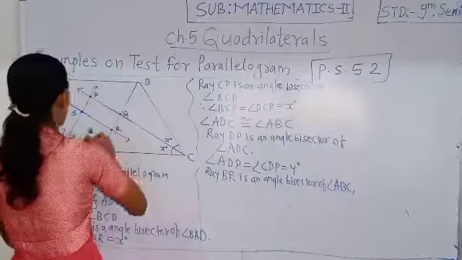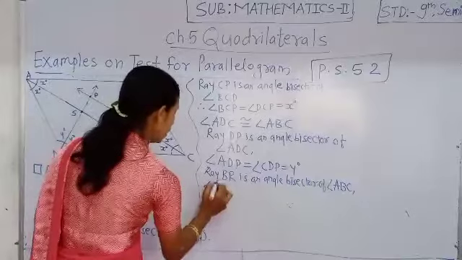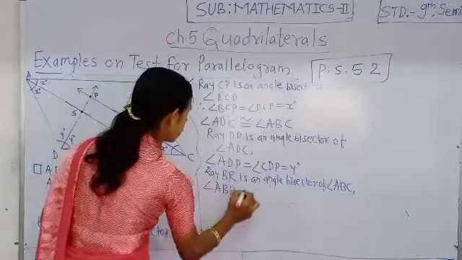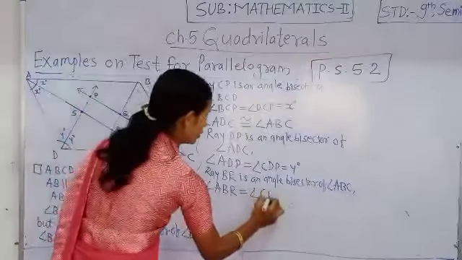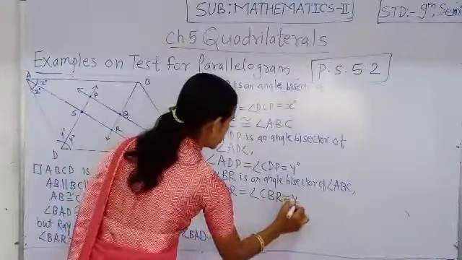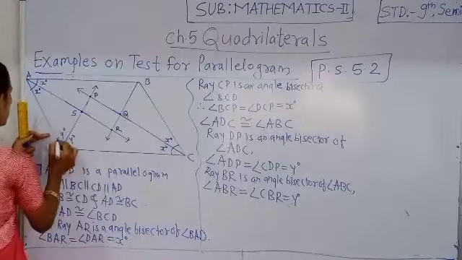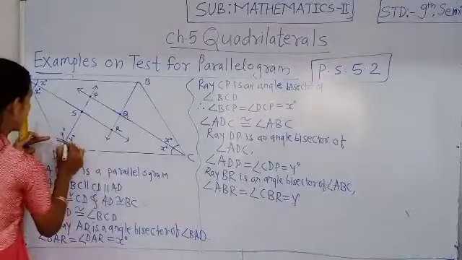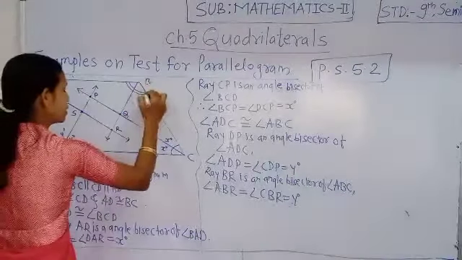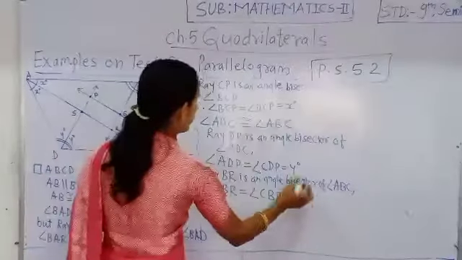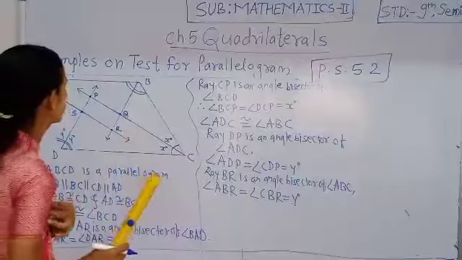Therefore, here angle ABR is equal to angle CBR is equal to y degree, because here angle ADC and angle ABC are also congruent. Therefore, here opposite angles of parallelogram are congruent.